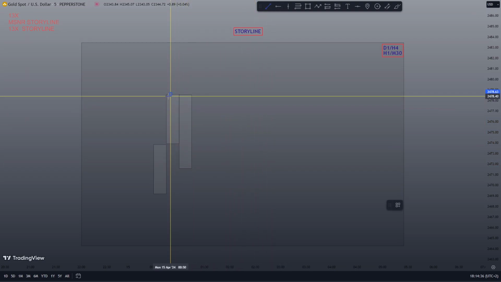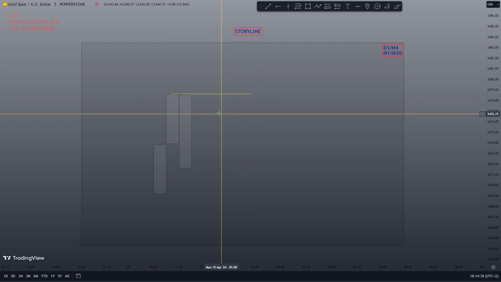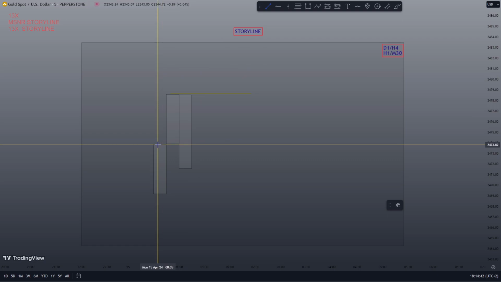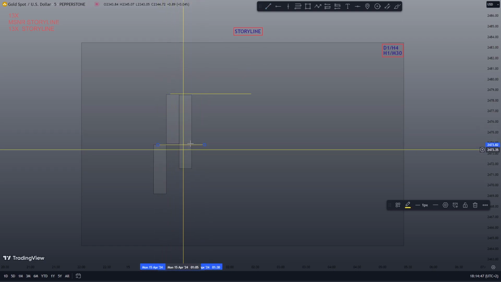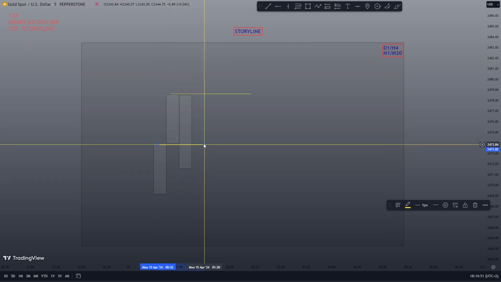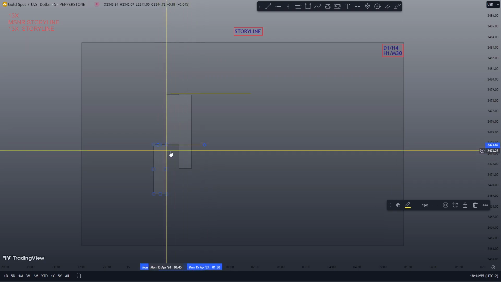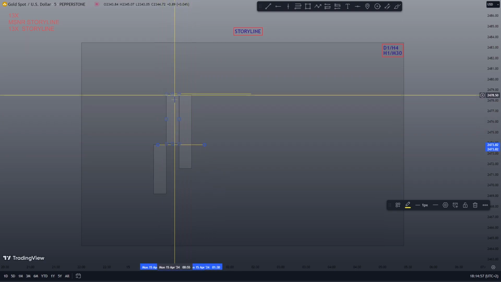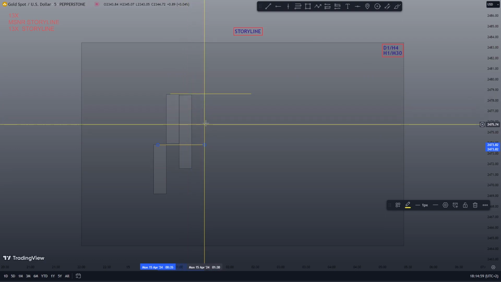Here we have an A level, fresh, and we have a gap here. This gap got broken. When this gap got broken, it becomes fresh again. So here we have a gap breakout fresh, and we have a classic fresh.